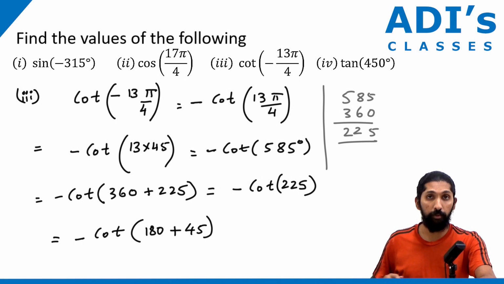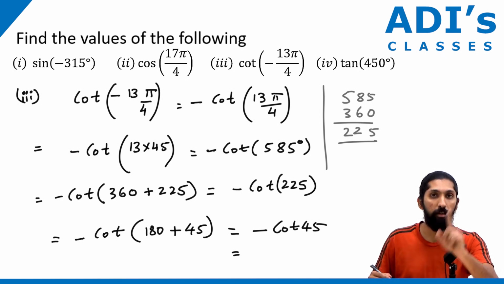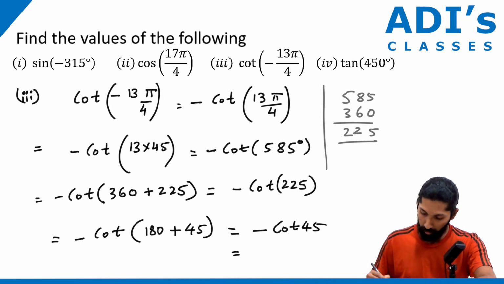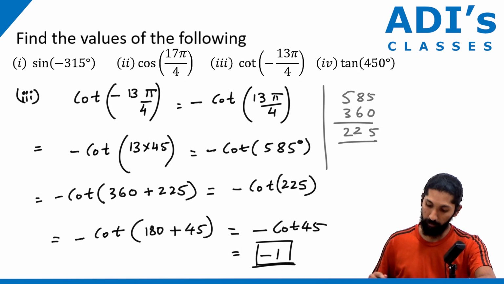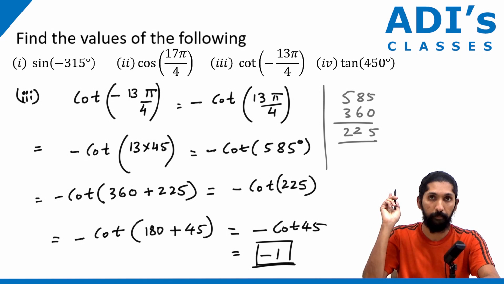See, 180 plus 45 is 225. So this we can write as minus cot 45. How much is cot 45? 1. So the answer is going to become minus 1. This is going to be the final answer. So for the third one, answer is negative 1.